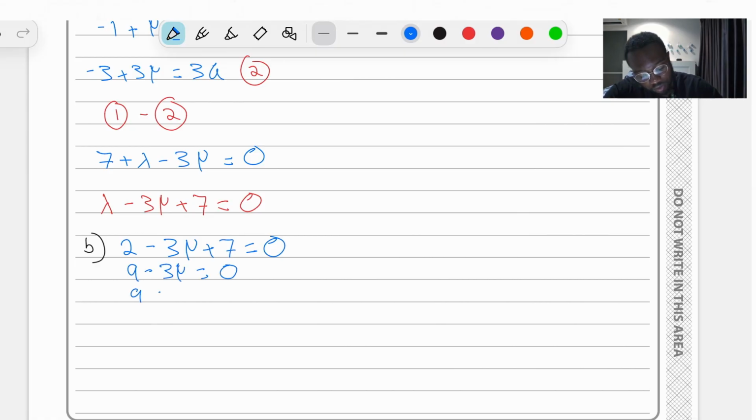So 9 is equal to 3 mu. Therefore, mu is equal to 3. Okay, so we know mu is equal to 3. Therefore, for F2, that's (lambda, mu), so that's going to be 2i plus 3j.